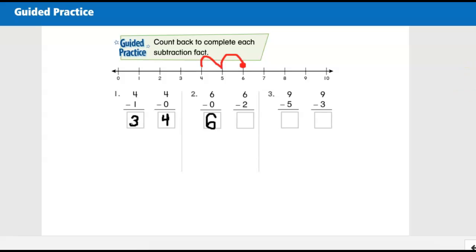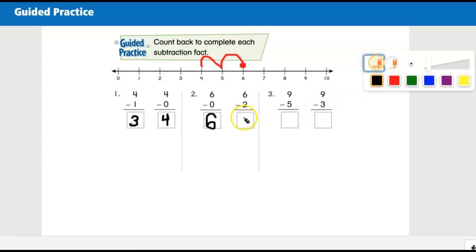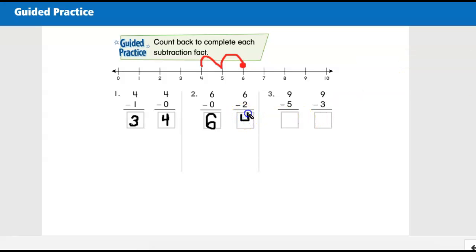So that would give me an answer of 4. So I started at 6. I lost 2 because I am subtracting 2. So I went up to 6 on my number line and I jumped back 1 place, 2 places, and that gave me my answer of 4.